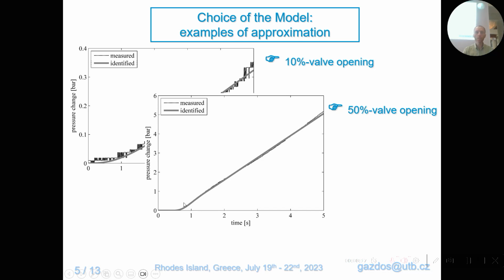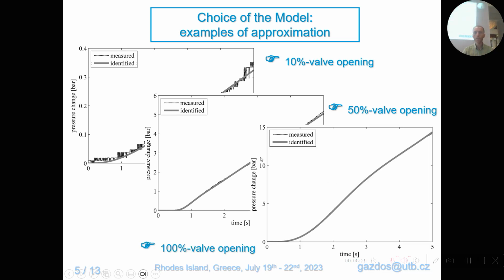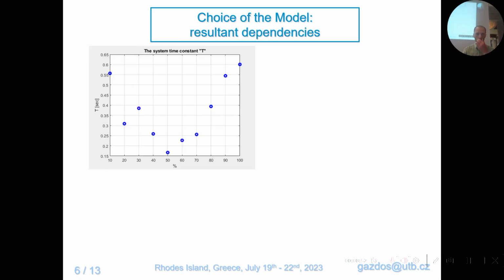Here you can see the time delay, transport delay, about half a second or a little more. And when we have full opening of the valve, it looks like this. As we can see, the fit of the model is quite good. The measured data are followed by the character of the model. So that's just an example of the approximation of the single curves by the model.